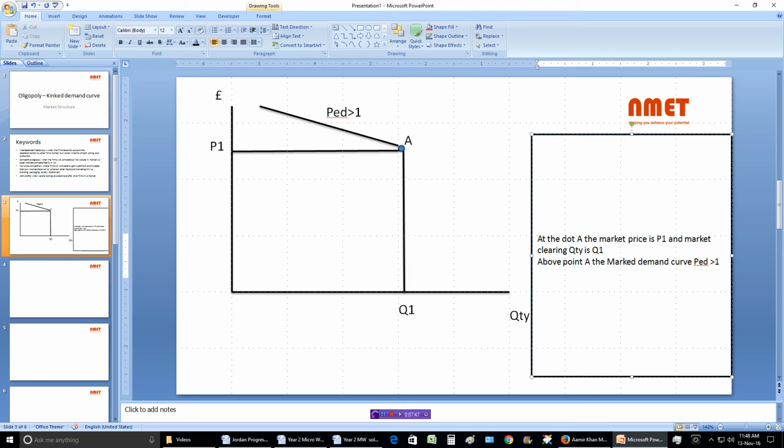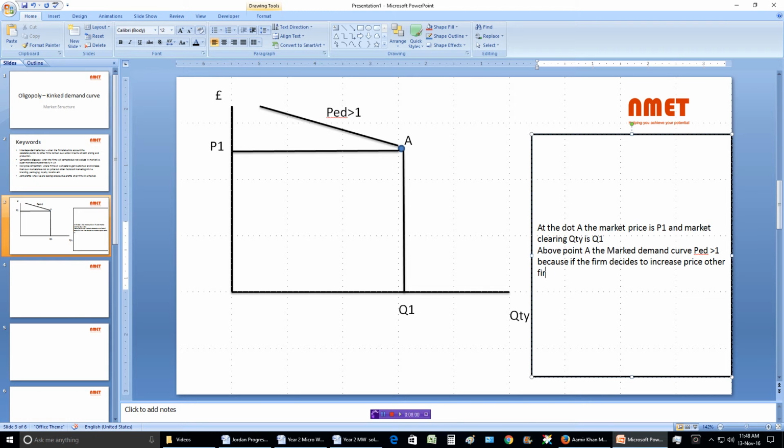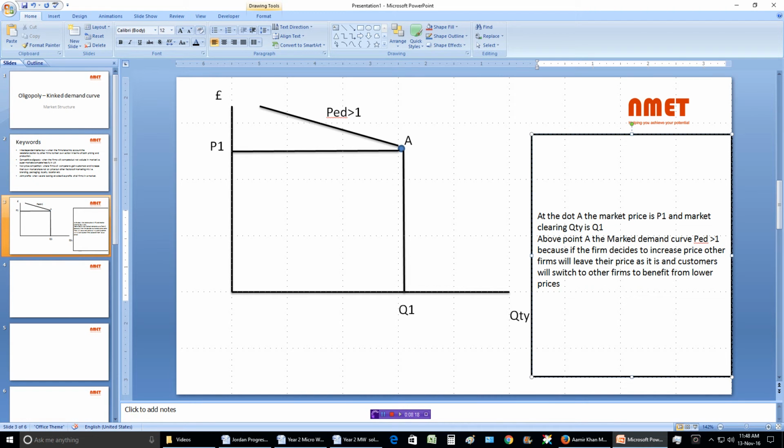So above point A, the market demand curve PED is greater than 1, because if the firm decides to increase price, other firms will leave their price as it is, and customers will switch to other firms to benefit from lower prices.